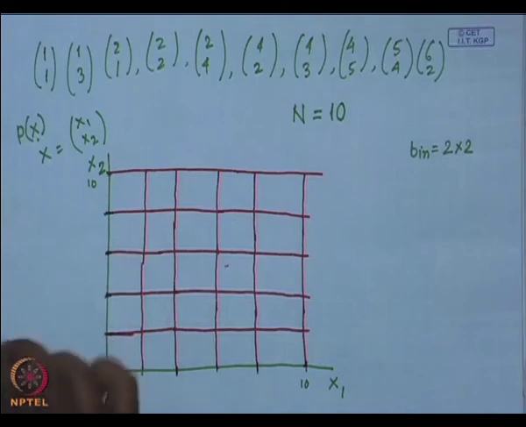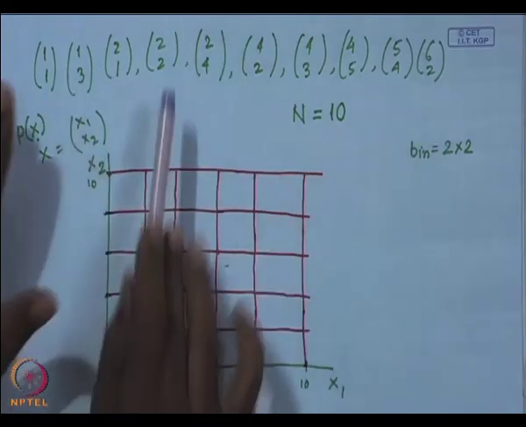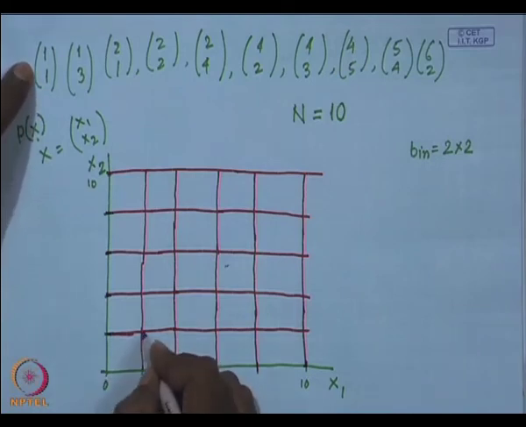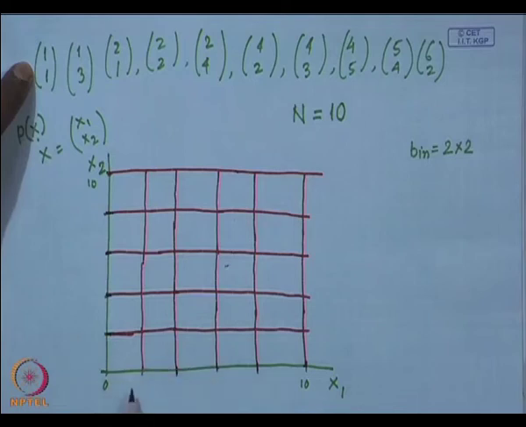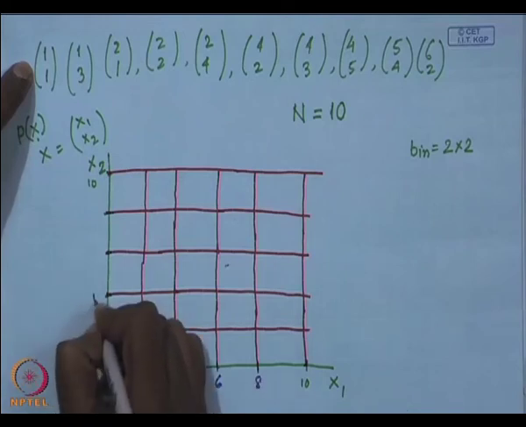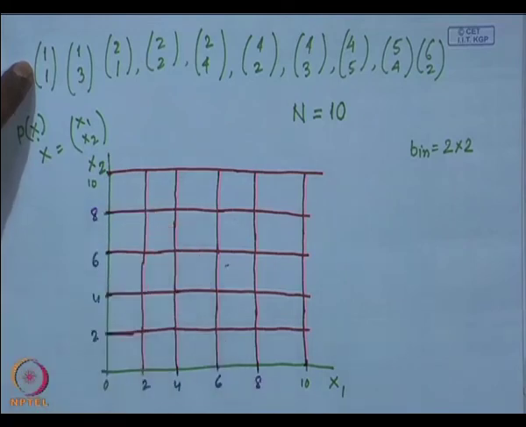Now, let us see which of the given samples falls in which bin. If you look at the first one, this is 1 1, and because the bin size is 2, the axis marks are 2, 4, 6, 8 and 10, on both axes.